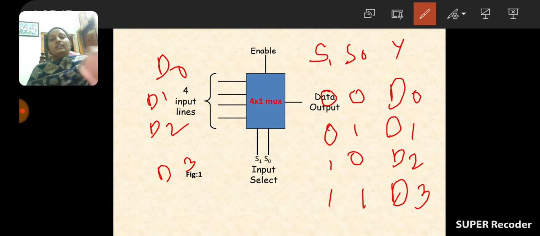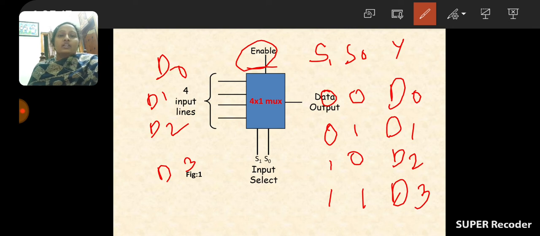Okay, and here in the symbol one more signal is there, that is enable. So what is the need of the enable signal? Only on the application of the enable signal, the present output must be produced.